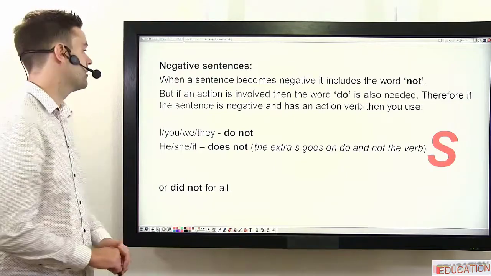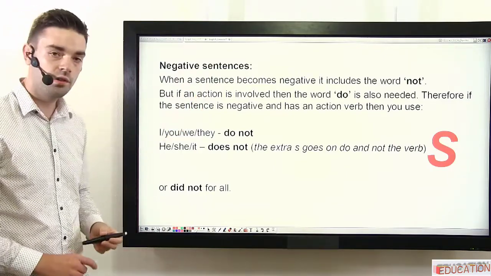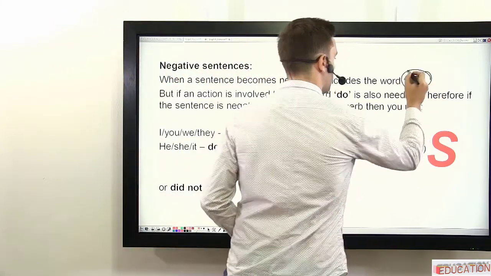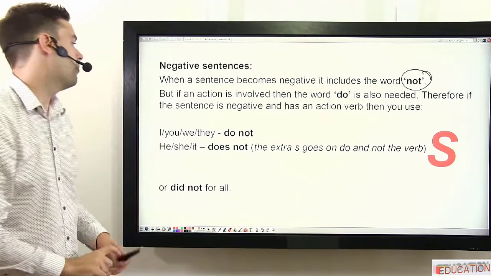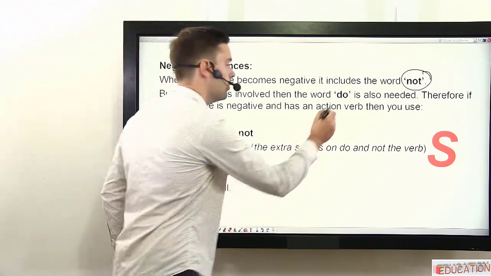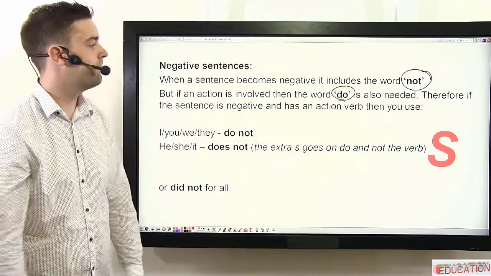Negative sentences. When a sentence becomes negative, it includes the word not. But if an action is involved, then the word do is also needed.